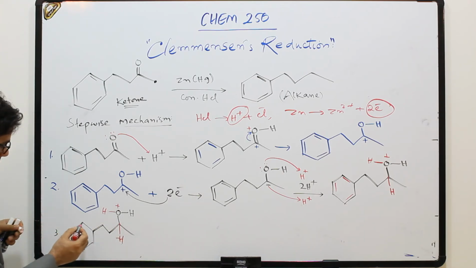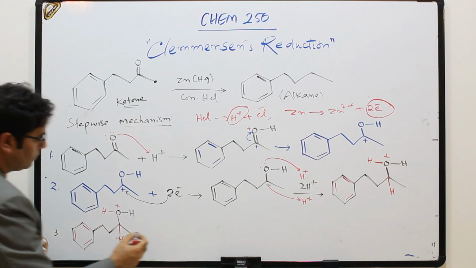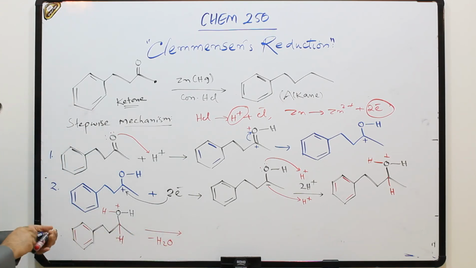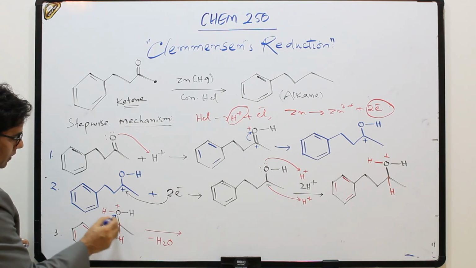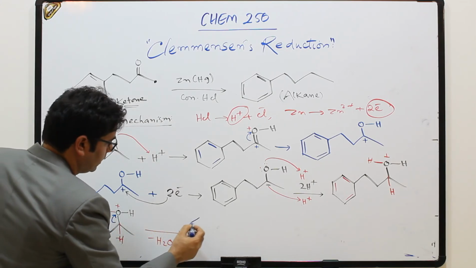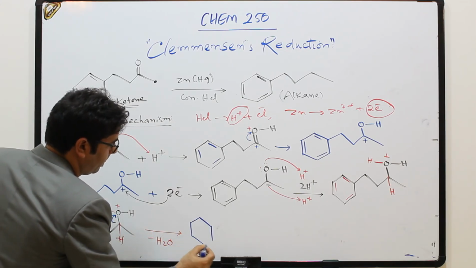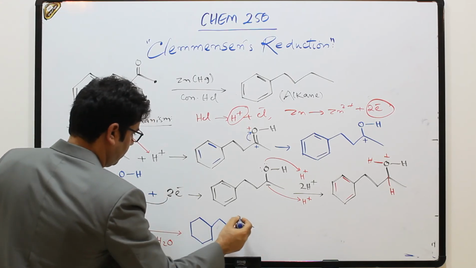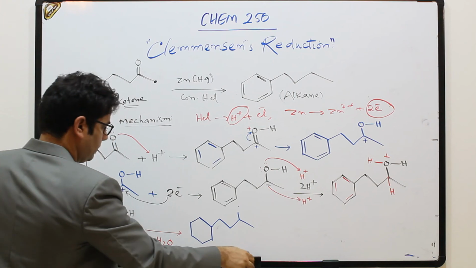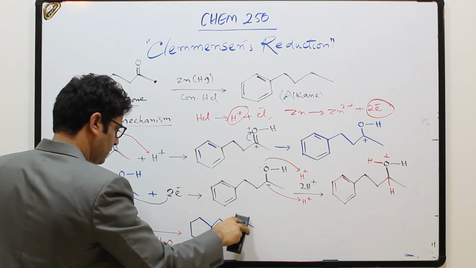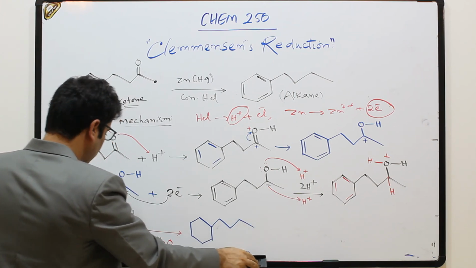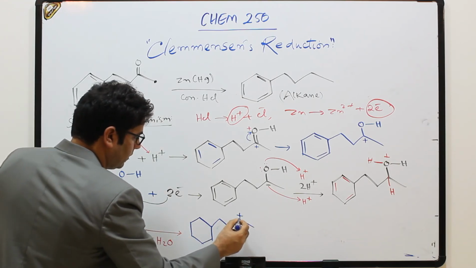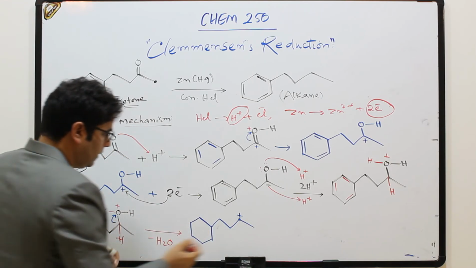So it will release a water molecule. This one will be released. What will be the product? It will release a water molecule. It will bring positive charge on this carbon, and there will be hydrogen.